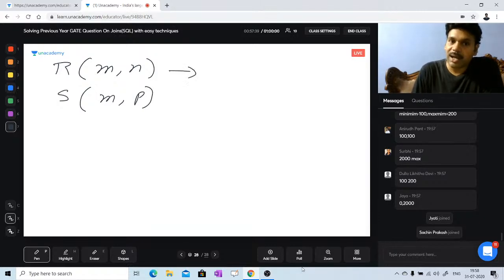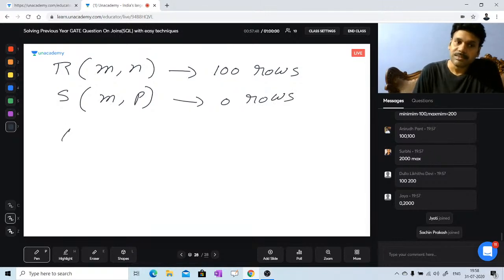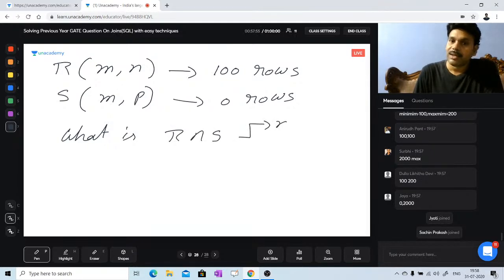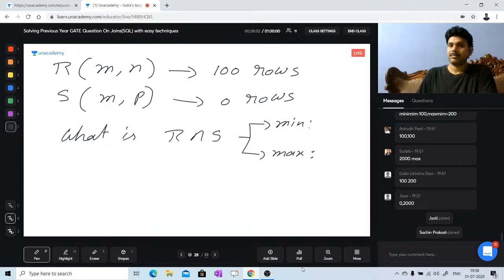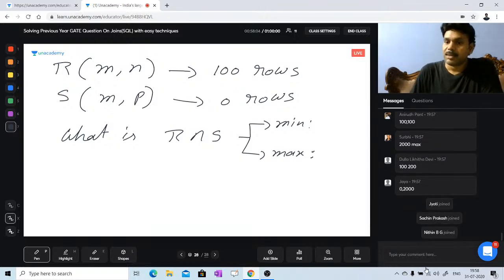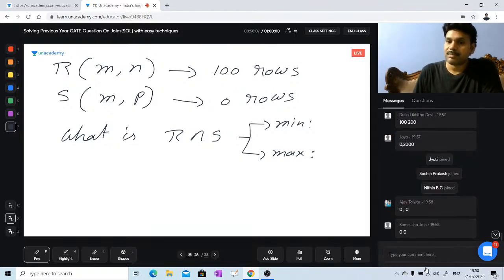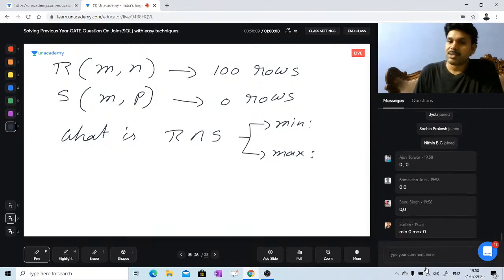Now I am saying R has 100 rows and S has 0 rows. What is R intersect S? Minimum how much? Maximum how much? Please type your answers.